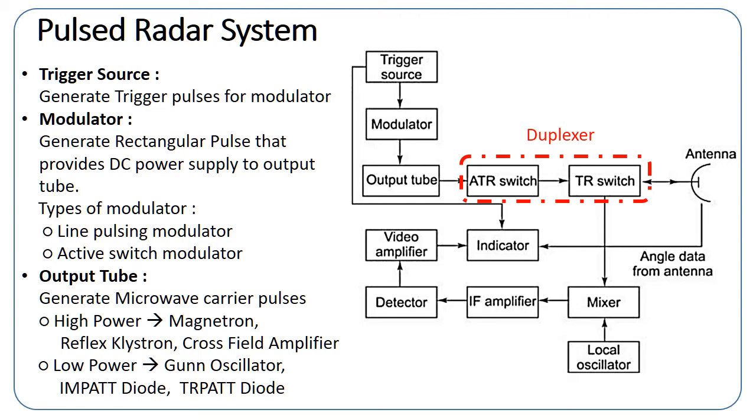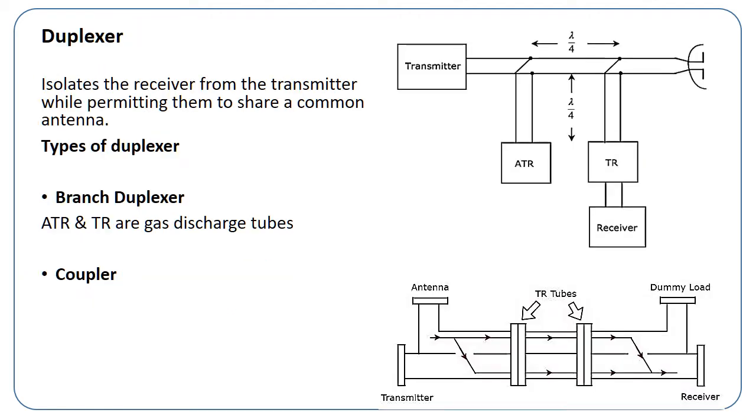Duplexer facilitates sharing of antenna between transmitter and receiver. At the same time, it also isolates receiver and transmitter during specified duration of the transmit-receive cycle. So there are mainly two types of duplexer. First, we are going to study branch duplexer.